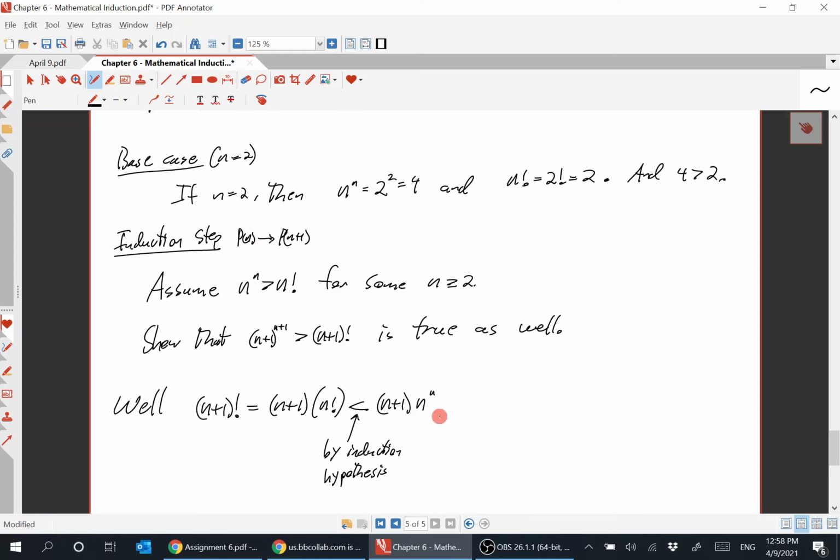Right? Which is less than, and this is just because n is less than n plus 1, n plus 1 times n plus 1 to the n. Right? I mean, 3 to the n is less than 4 to the n because 3 is less than 4.